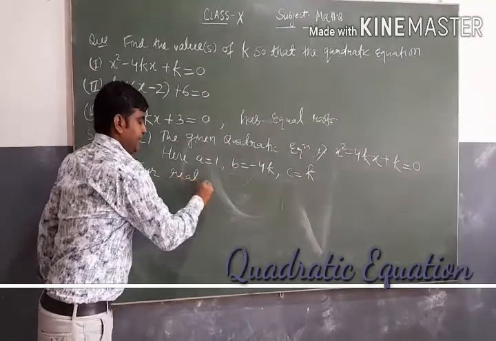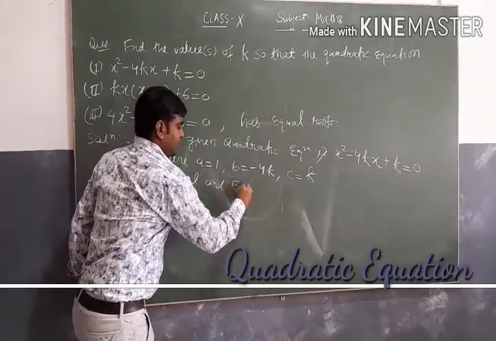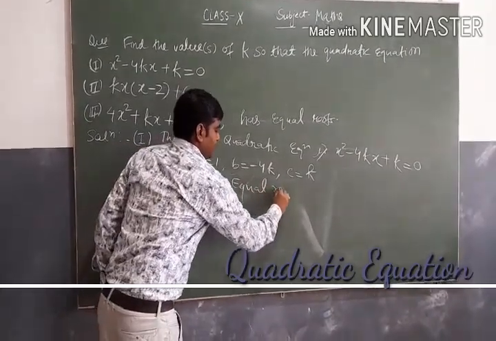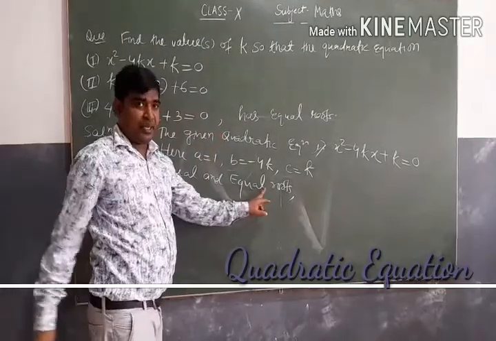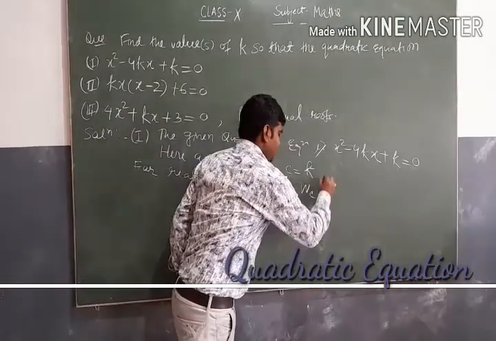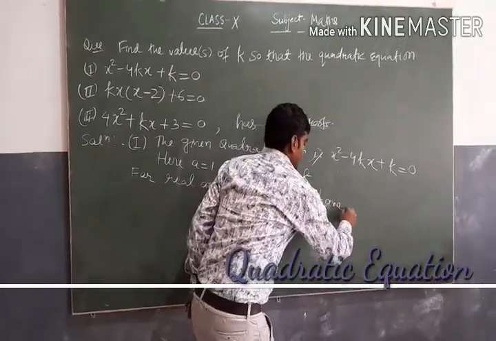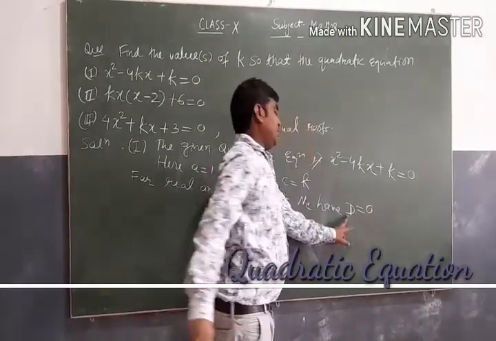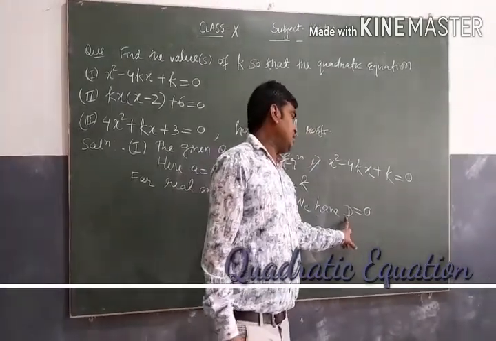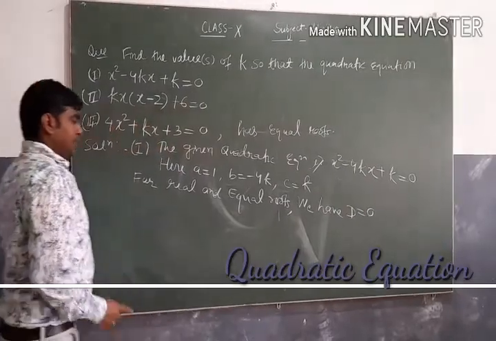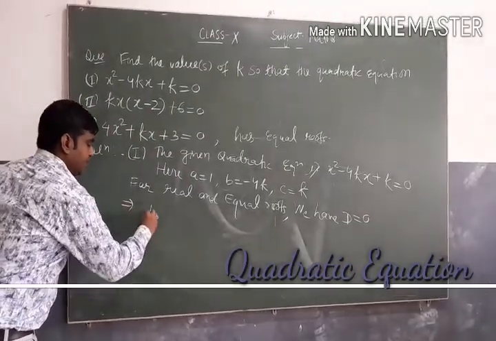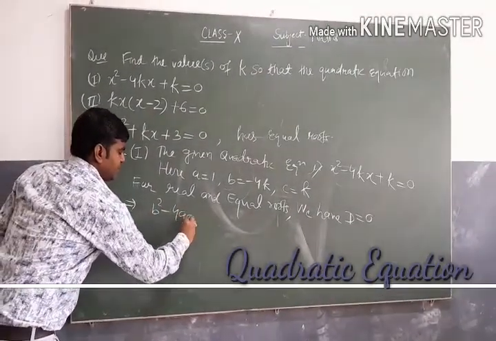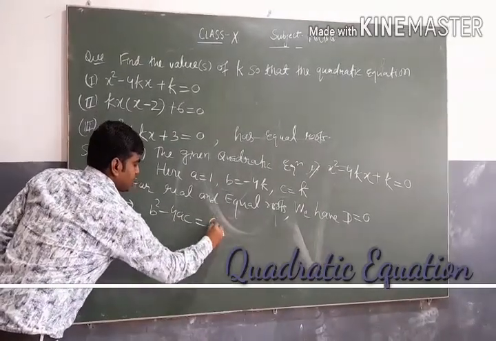For real and equal roots, we know that D equal to 0, where D is the discriminant of the given quadratic equation, and D is equal to b square minus 4ac, so it becomes b square minus 4ac is equal to 0.